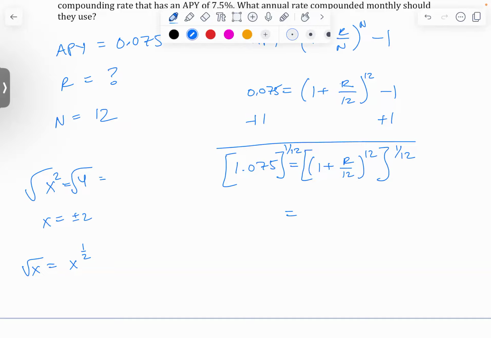So on this side, 12th power, 1/12th power, that just becomes 1 plus r over 12. On the other side, 1.075 to the 1/12th power.